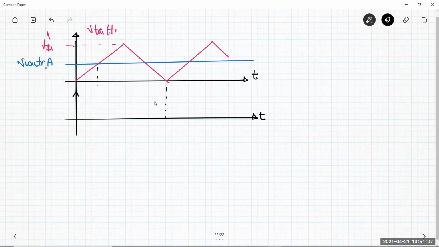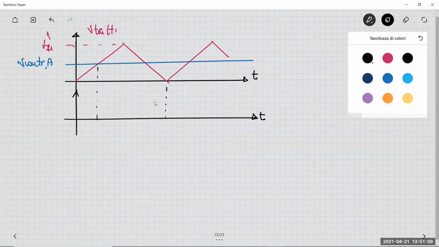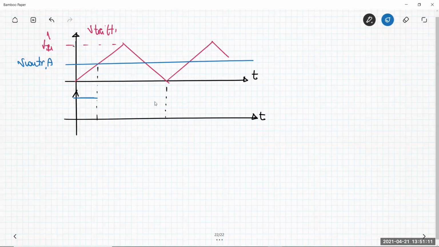For example, here, QA is 1, and again here. Okay, what does it mean? QA is the signal that commands TA plus.